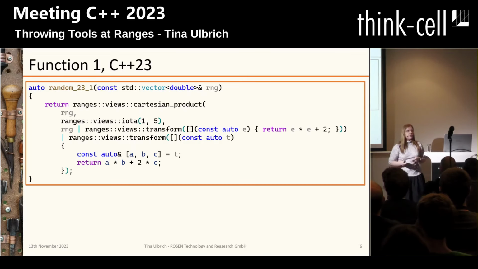When you were in Nico's talk, and also if you know ranges, you know that this does not execute anything. Ranges are executed lazily. So we can return this view here, but it will only be executed once the value from this view is needed. So once we call the star operator on the first value of this range.